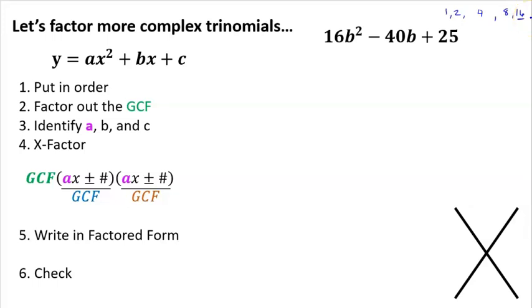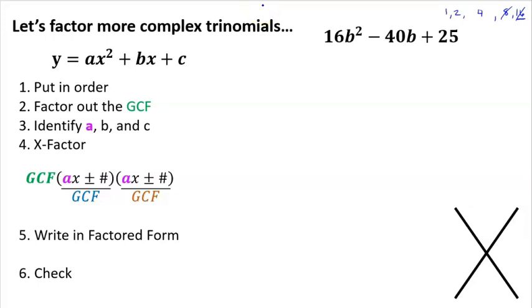First, check to see if 16 goes into 40 and 25, and it doesn't. Then you can check 8. 8 goes into 40, but 8 doesn't go into 25. And so that's one way you can check for a GCF using your factors if you're not sure about what you're doing. This particular problem doesn't have a GCF.